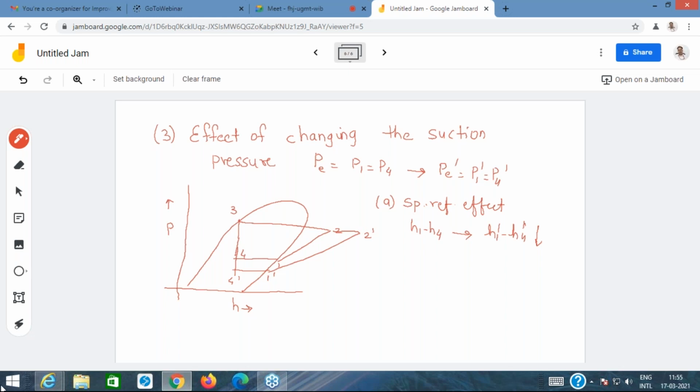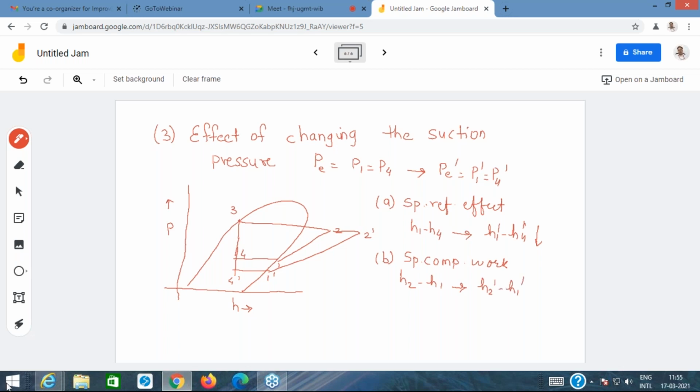And second, if you can figure out from the diagram, the specific compressor work, which was earlier H2 minus H1, has increased to H2 dash minus H1 dash.